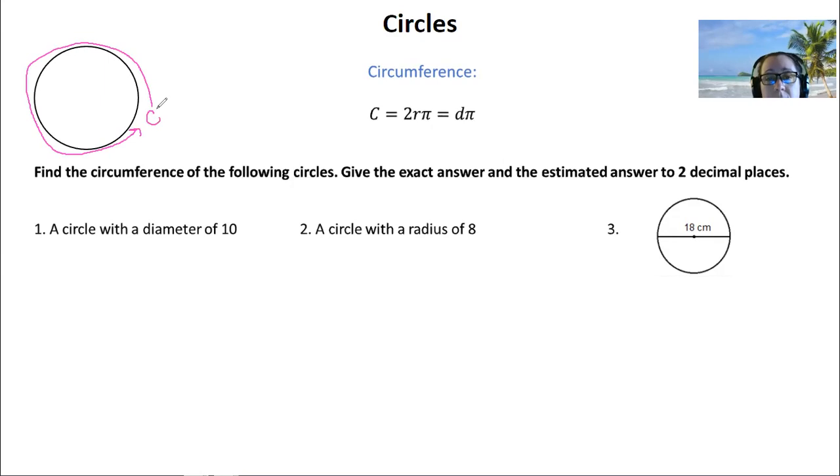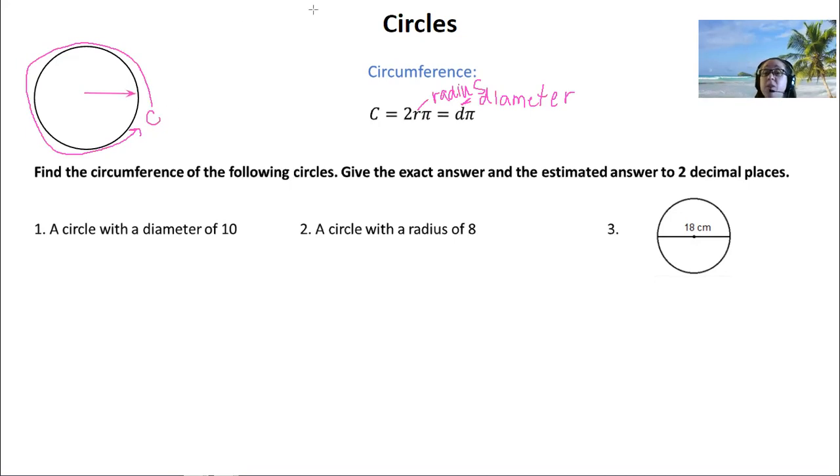Because circumference involves diameter, that's this D. So the radius is from the center of the circle to the side.